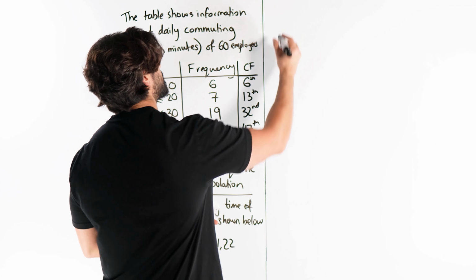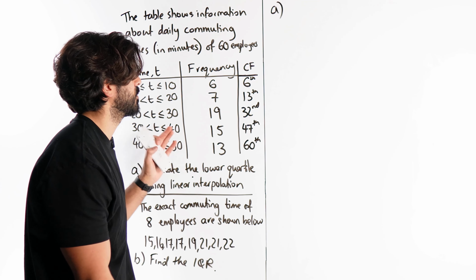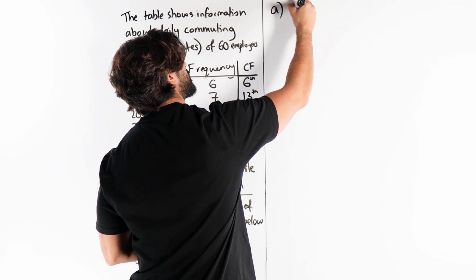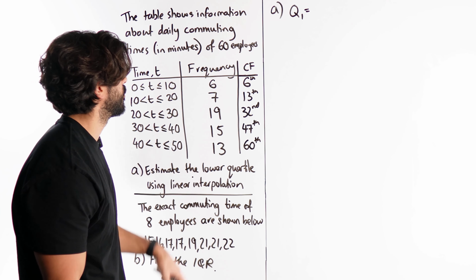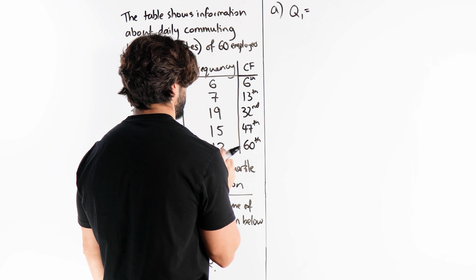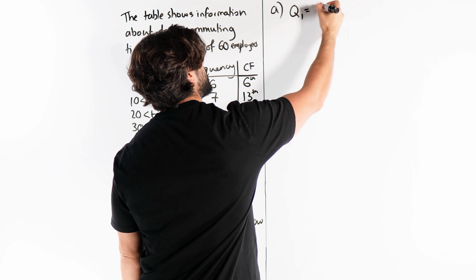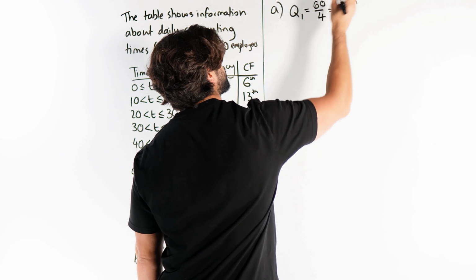Now for continuous data, which is what we're doing here when we look at grouped frequencies, it's always continuous. To work out the first quartile, which we call Q1, the lower quartile, we just divide by 4. So the median we divide by 2. The lower quartile, 25% of values, means we divide by 4, which is the 15th person.